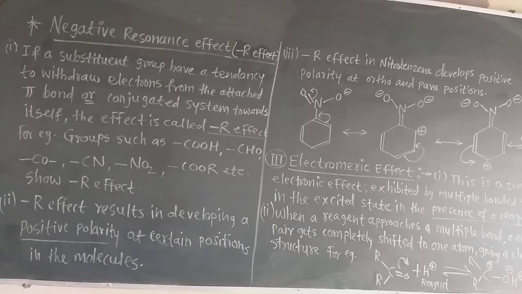Due to the plus R effect, there is development of negative polarity at certain positions. We already learned that in the plus R effect there is negative polarity at ortho and para positions. But due to the minus R effect, there is development of positive polarity.